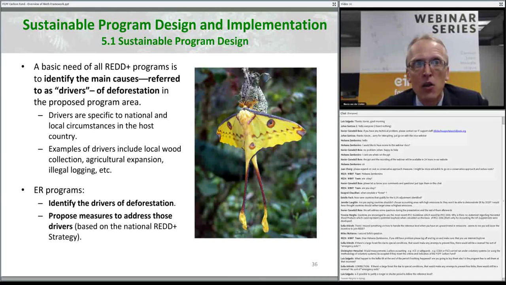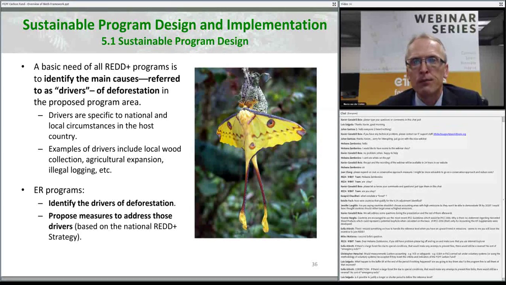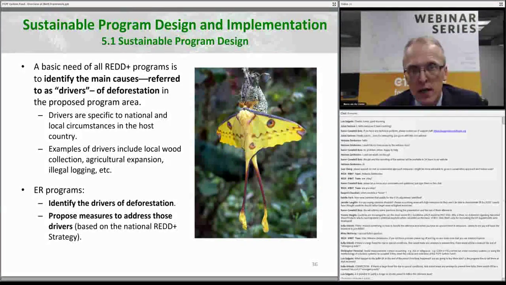So as I said before, the idea with these ER programs is really that they build on your national readiness process where you should already be analyzing your drivers, developing a strategy, etc. And what the Carbon Fund really wants to see is that through your emission reduction program, you can test and pilot parts of your strategy, and then you can help to improve your own strategy by the lessons that you learn in the program. So the methodological framework requires you to identify the drivers and then propose the measures to address the drivers.